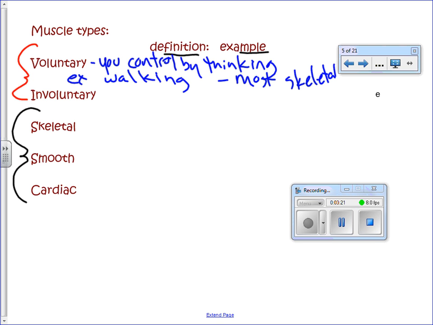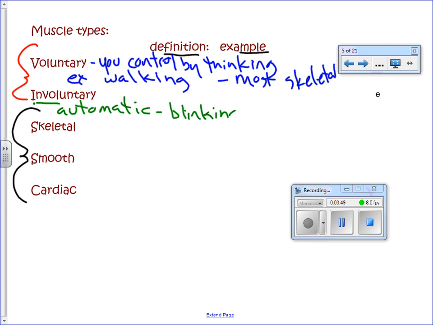So then what's involuntary going to mean? It's not so much that you can't control it, because we do have some measure of control, but involuntary is automatic. Like blinking is automatic. What other movement do we do that's automatic?